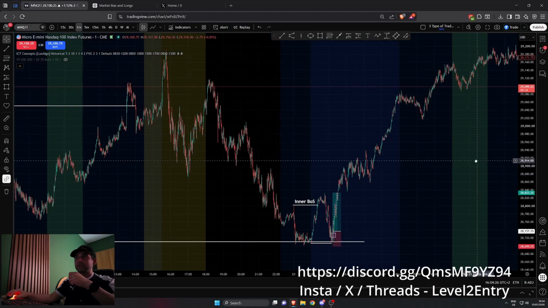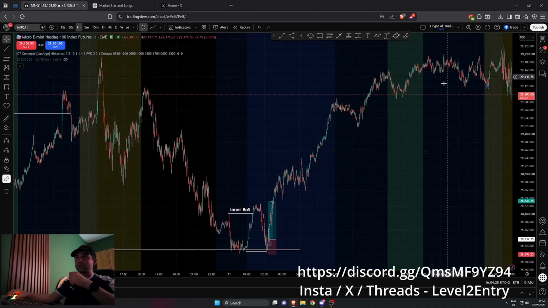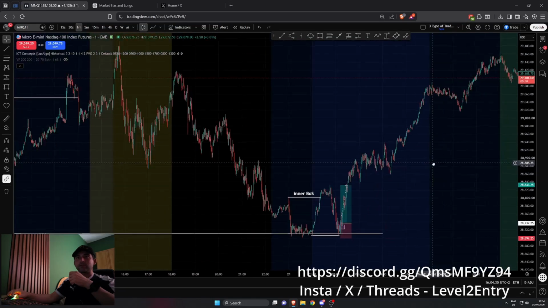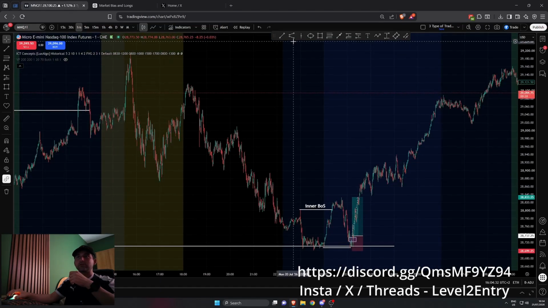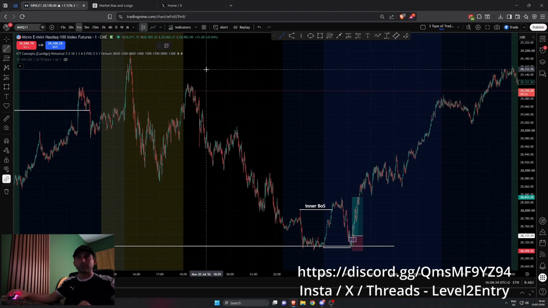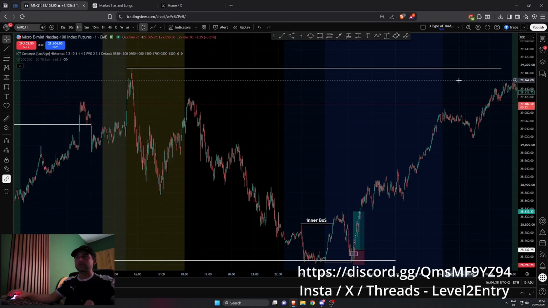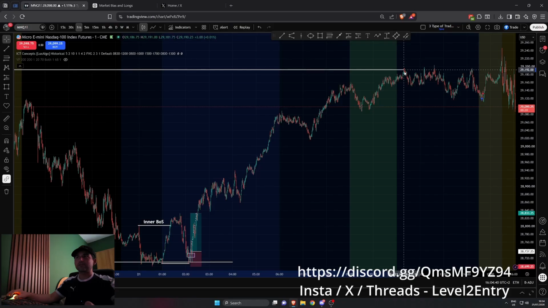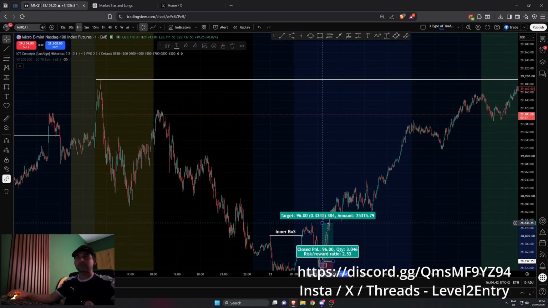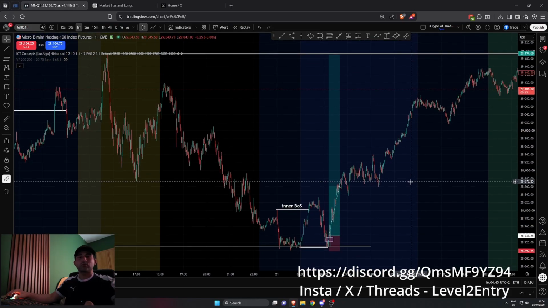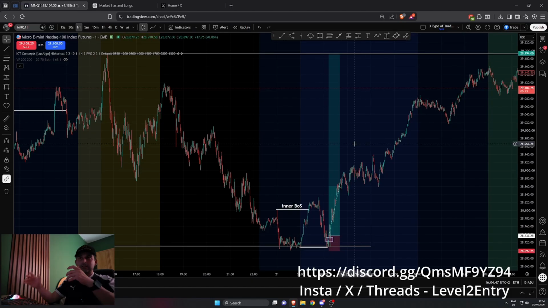Even in the London session of this morning it kept going higher, and if one could have held it till the very top, it would have gone to 12 RR, but let's be more down to earth.